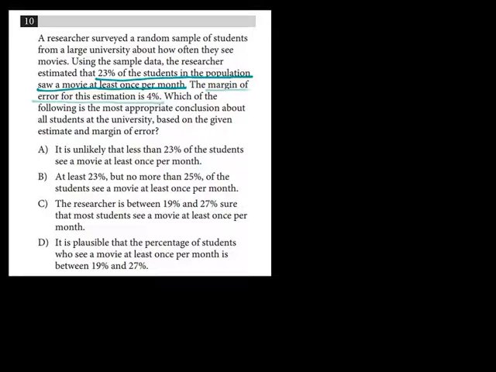So this creates an interval that the possible percentage of students who see a movie at least once per month would be 23%, plus or minus the 4%, which is the margin of error.